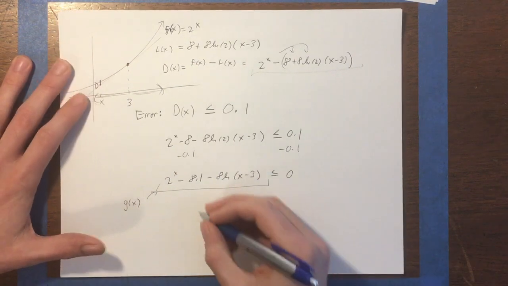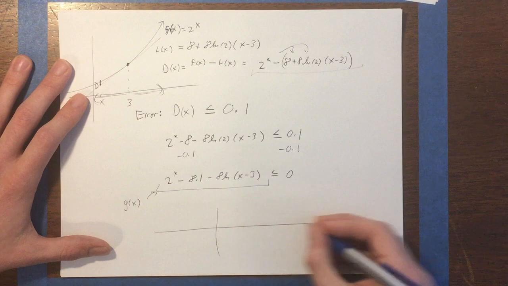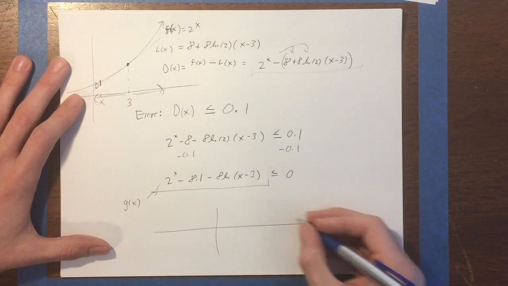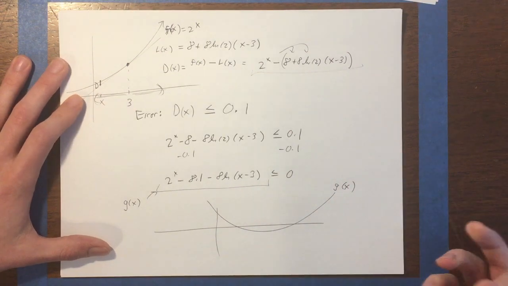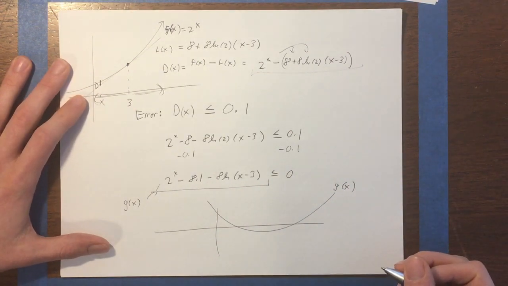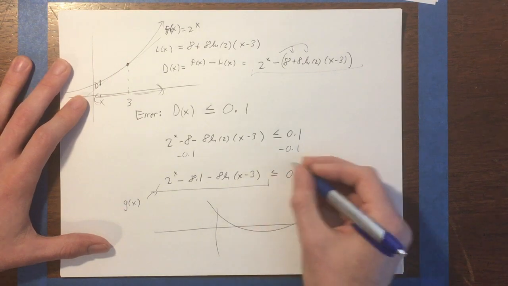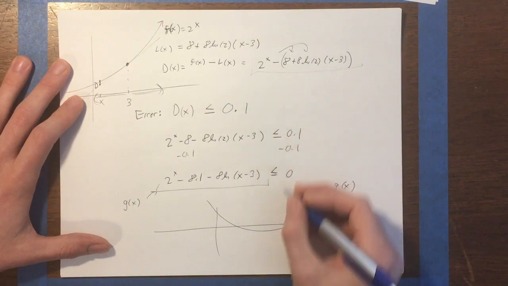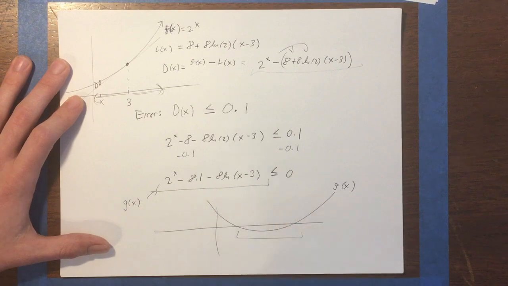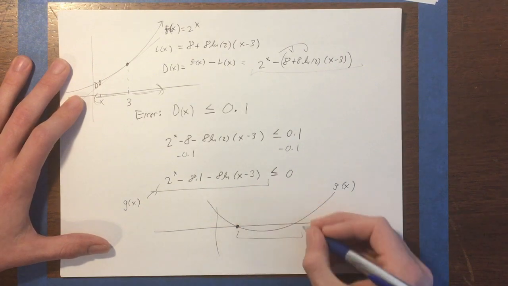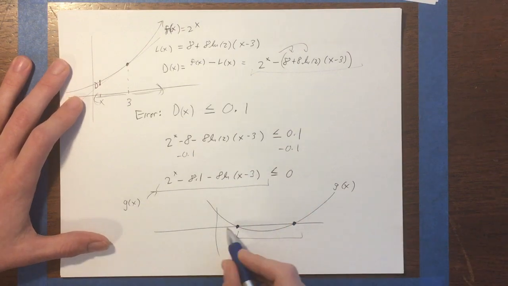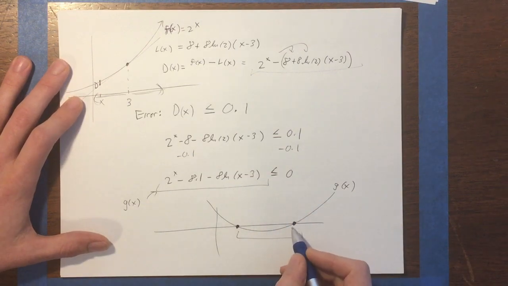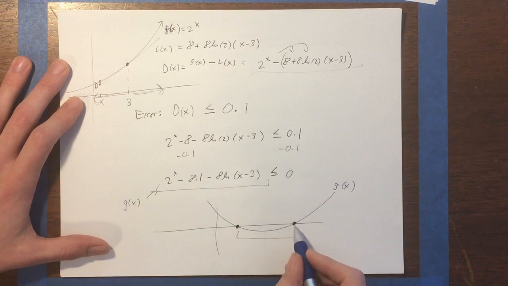And then the idea here is if you graph g of x, it's probably going to do maybe something like this. I don't know, whatever that looks like. You'd want to figure out where it's less than or equal to 0. And where it's less than or equal to 0 is going to be on some interval where it's beneath the x-axis. So if you can find its zeros, right, if you can set it equal to 0 and figure out where that happens, okay, if you can solve the equation when it equals 0, then you'd be able to figure out the interval on which it's going to be less than 0.